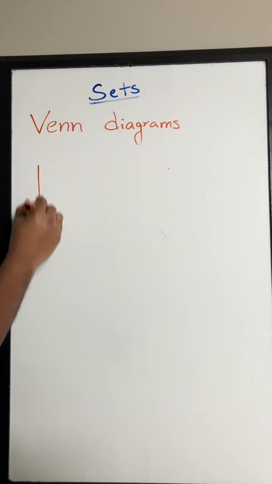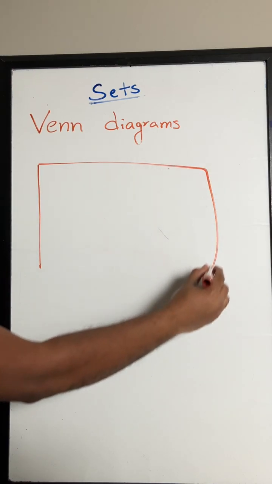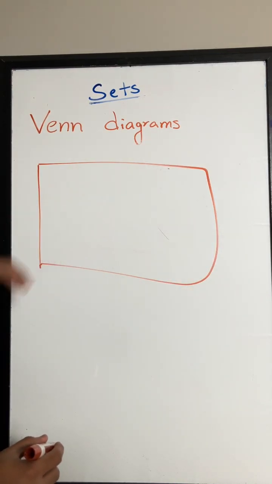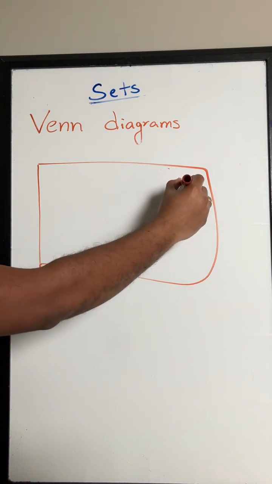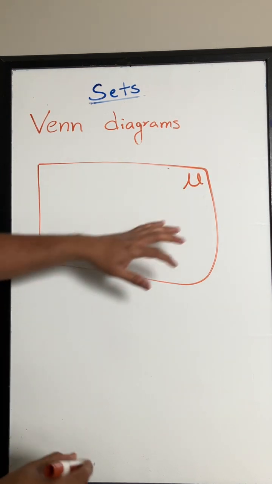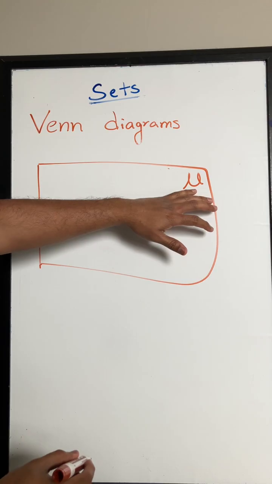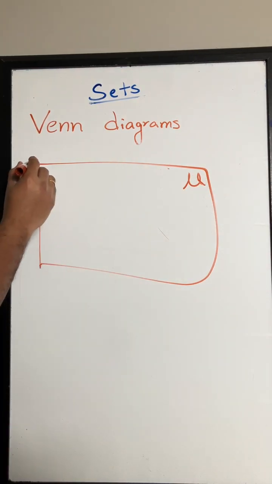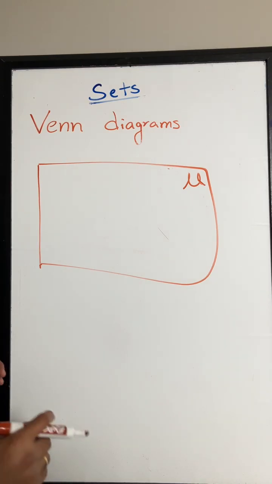When he thought of this big box, he thought of it as a universal set. You know how we denote the universal set? Mu. We write it at the corner. So he assumed every element is in it. Look at the language I'm using: elements, sets.